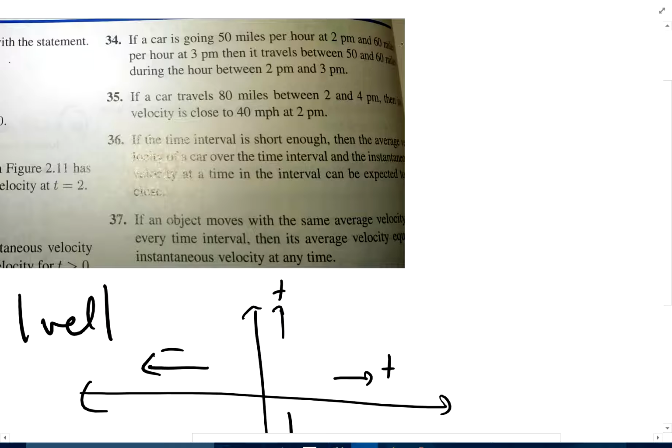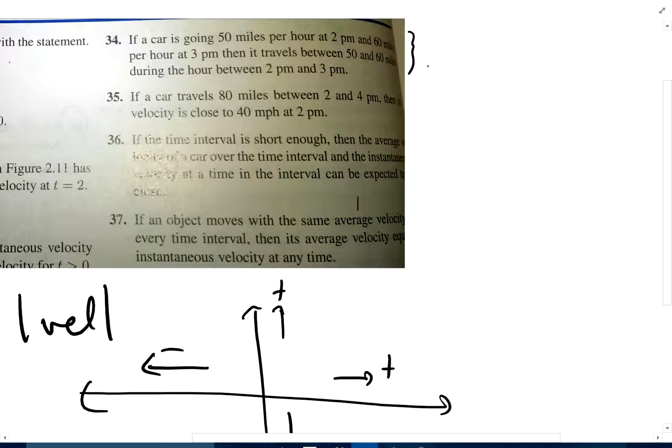Well, it kind of depends how you interpret it, so let's interpret it both ways. Does it have to travel between 50 and 60 at some point between 2 and 3? Yes. Does it have to be only between 50 and 60 between 2 and 3? No, because it could go slow way down and then speed back up, kind of thing.